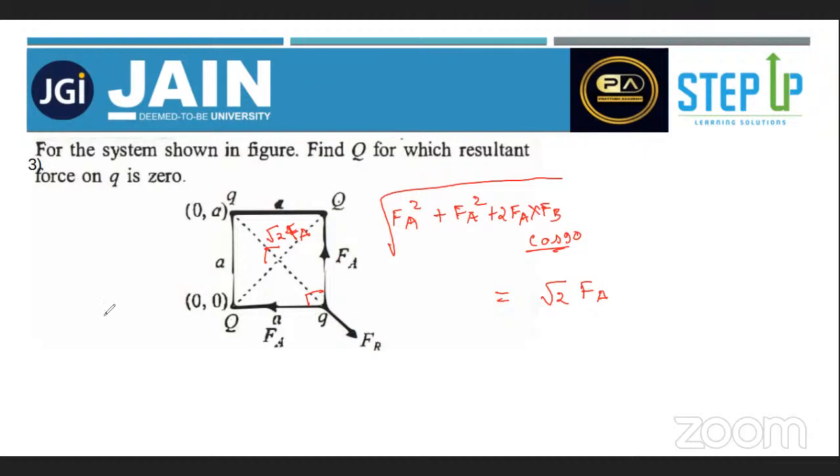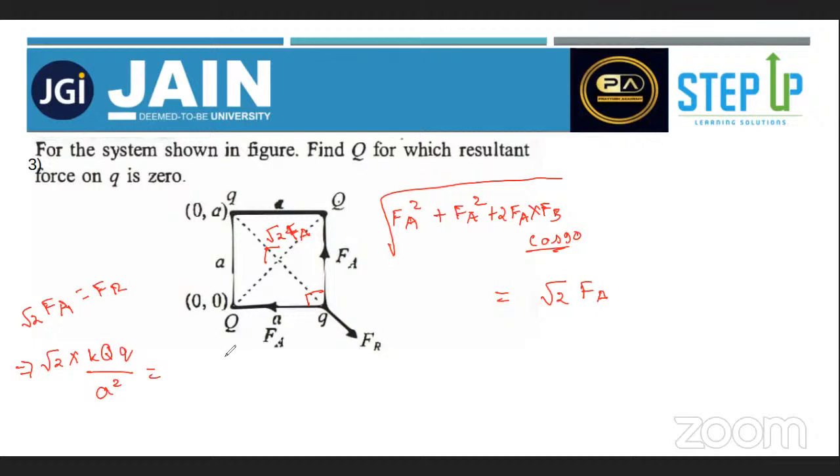So now I can write that root 2 FA will be equal to FR. Now, FA will be equal to K capital Q small q upon the distance, which here is A square.